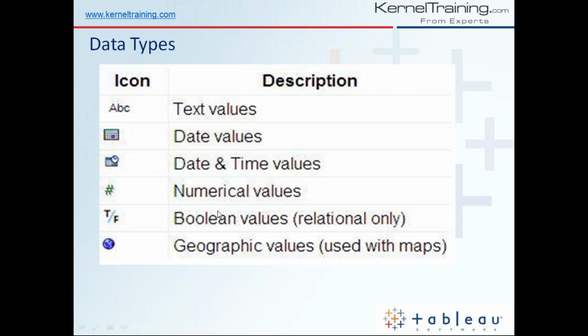So these are the data types. This is just for interview purposes I'm explaining. When you start practicing, you will understand exactly what a text value is and what a date value is. In interviews, if they ask what the data types are, you can say these are the different data types.